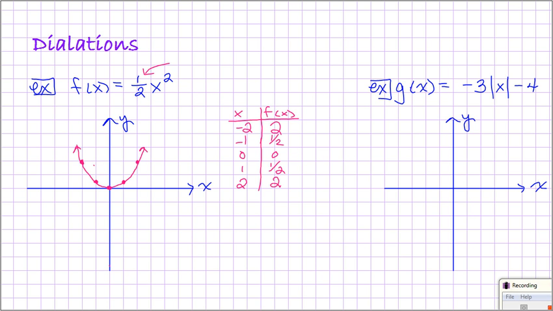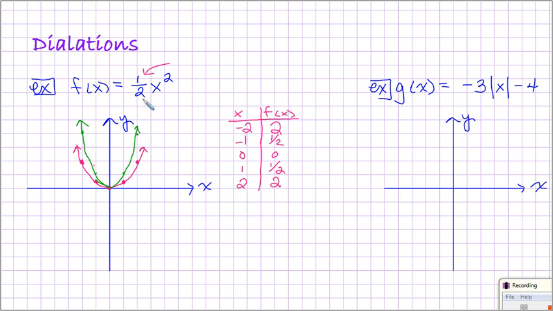Remember, your parent function went through 0, 0, 1, 1, 2, 4. And so this green graph is the parent function. And we want to compare the two graphs. It looks like the 1/2 x squared is a little bit flatter than its parent. Okay? So it looks like the 1/2 made the graph flatten out a little bit.